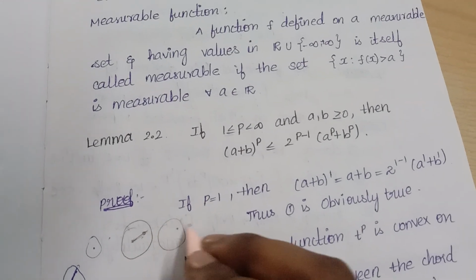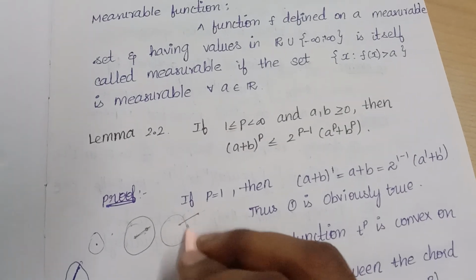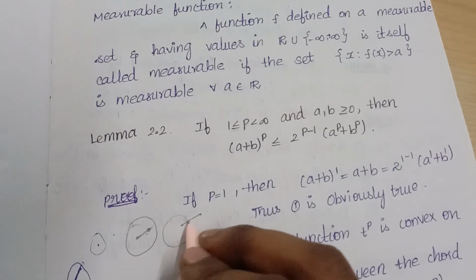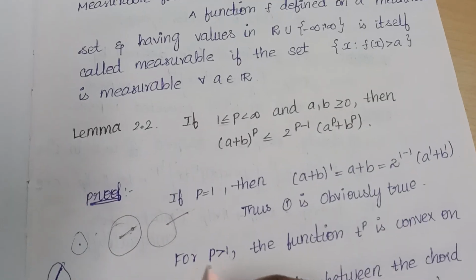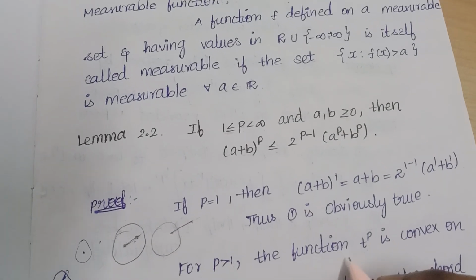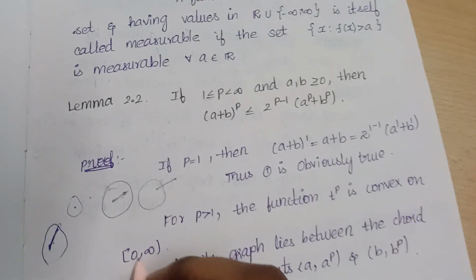Otherwise, if one point is inside and another point is outside, and the line cuts the circle, it is not convex. So for p greater than 1, the function t^p is convex on the domain (0, infinity).